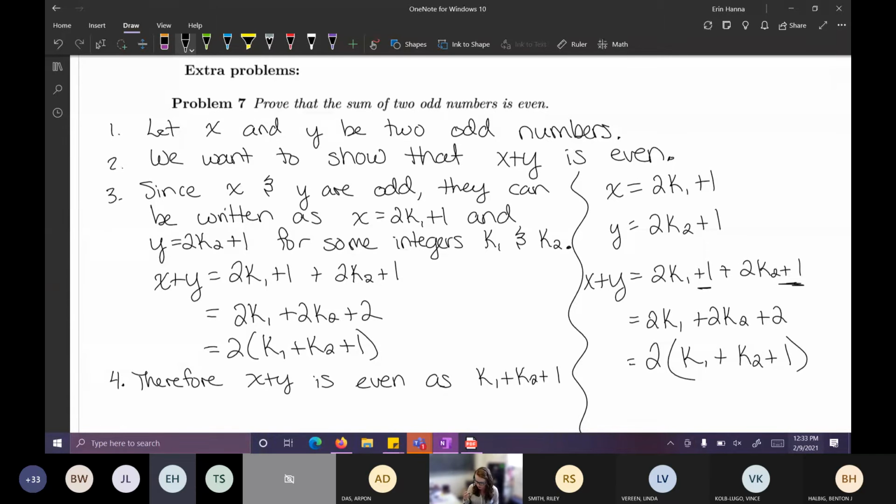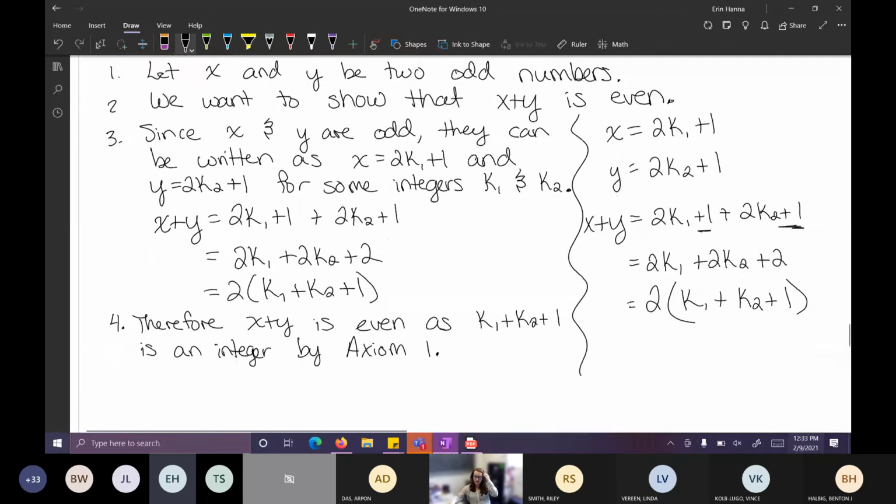Usually I would call on axiom 1 first and then say, therefore, x plus y is even. So really the order that I did that doesn't matter. In the ones that I had done before, I usually say by axiom 1, k sub 1 plus k sub 2 plus 1 is an integer, therefore x plus y is even. It doesn't matter unless you state both eventually.